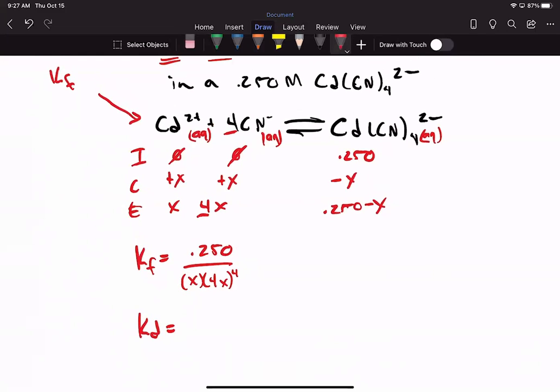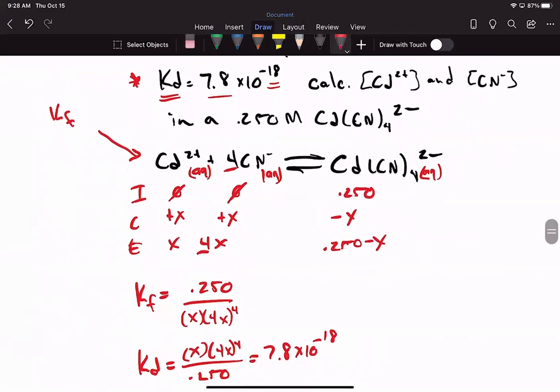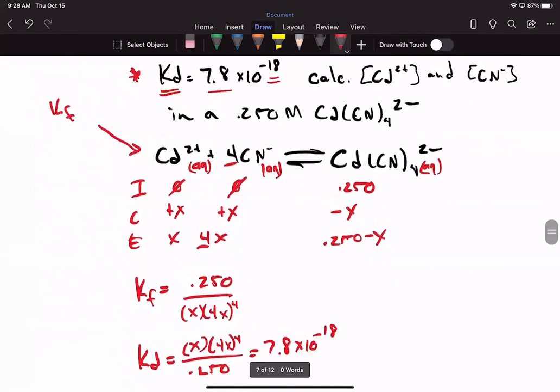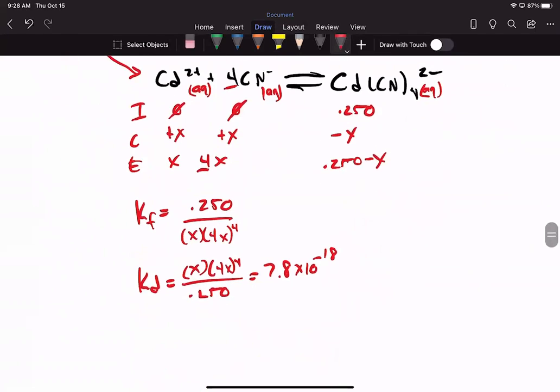Our KD is actually equal to x times 4x to the fourth over 0.250, and this is equal to 7.8 times 10 to the minus 18. That's a bad 8, so here it's 10 to the minus 18, because that's the value we were given there.